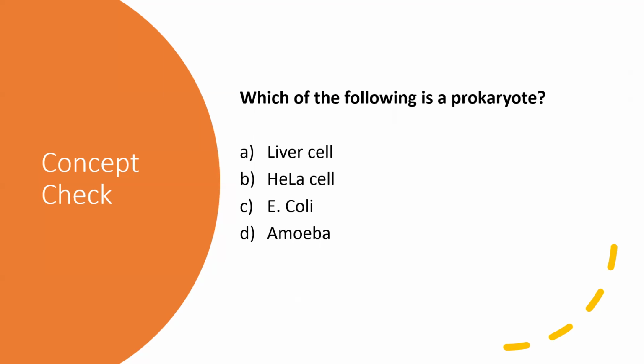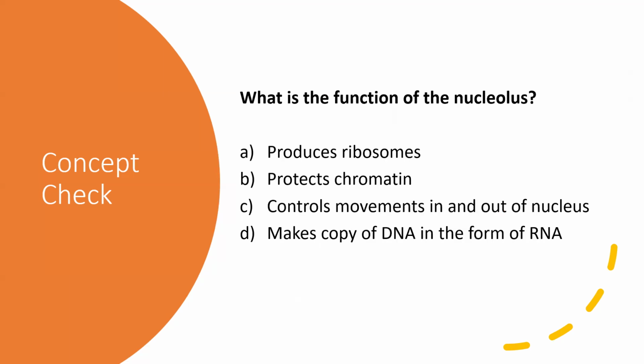E. coli. Liver cell, liver is in us. That's a eukaryotic cell. HeLa cell, that's a cancer cell from the cervix. That's a eukaryote. Amoeba, also a eukaryote. Okay, how about this? Good. Anyone else? If you are with me the whole time, you should know. Nucleolus, they produce ribosomes. A is the answer.